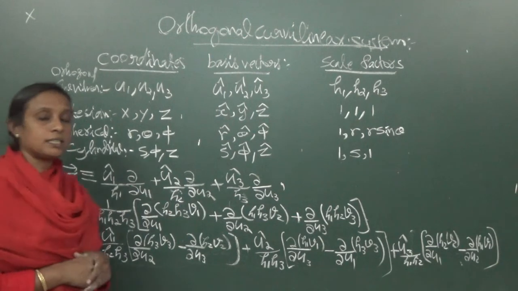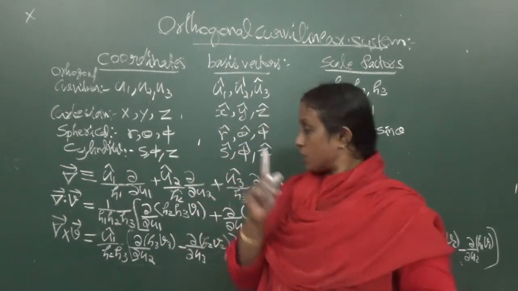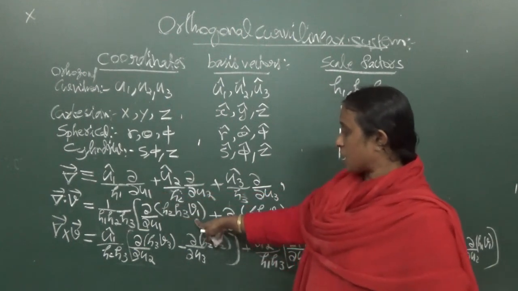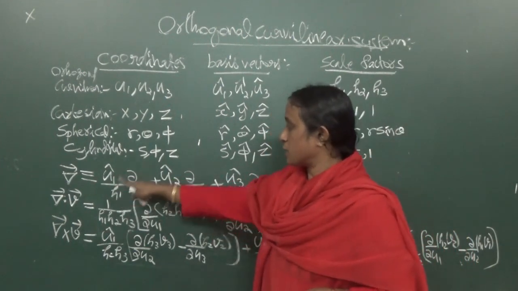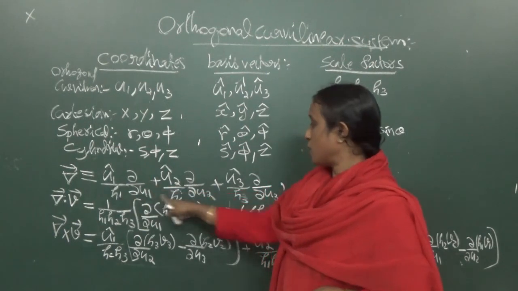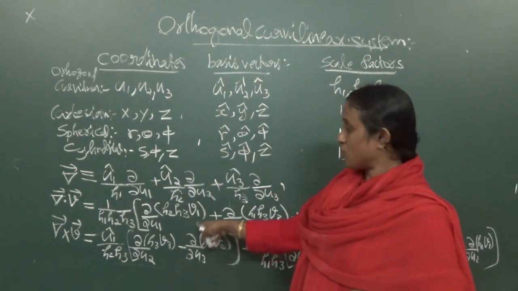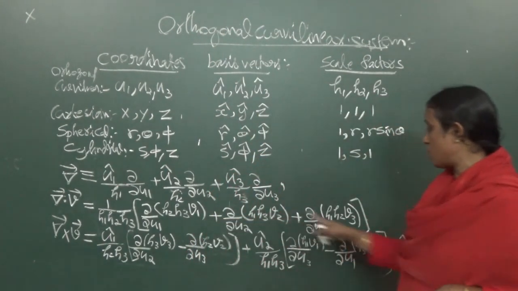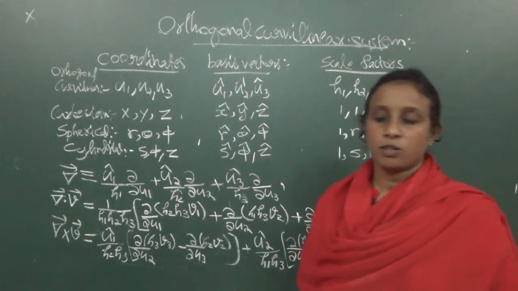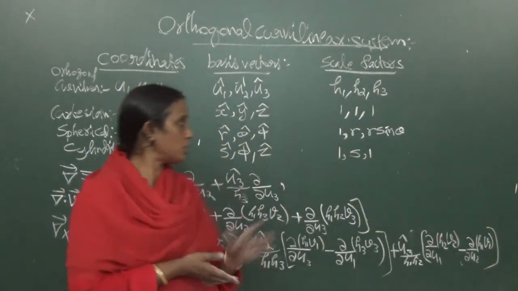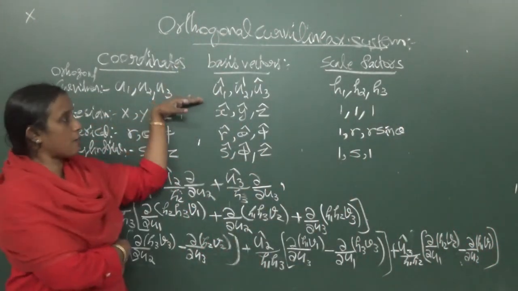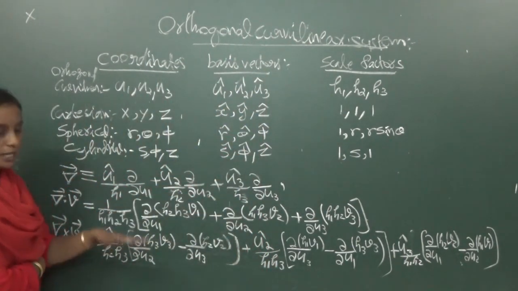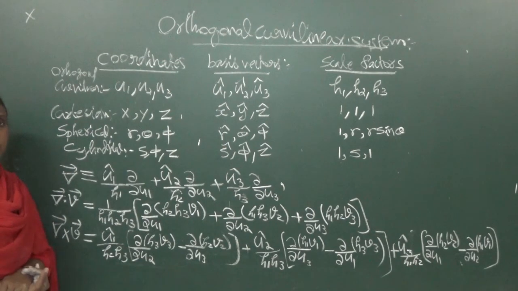Similarly, you can write the Laplacian operator also. There you have to substitute just for V1 from here. Instead of V1, you have to write the term 1 by h1 dou by dou u1. Then you get the corresponding Laplacian operator, instead of V1, V2, V3, etc. So simply knowing these curvilinear variables and the scale factors, you can write all the differential operators using this expression.